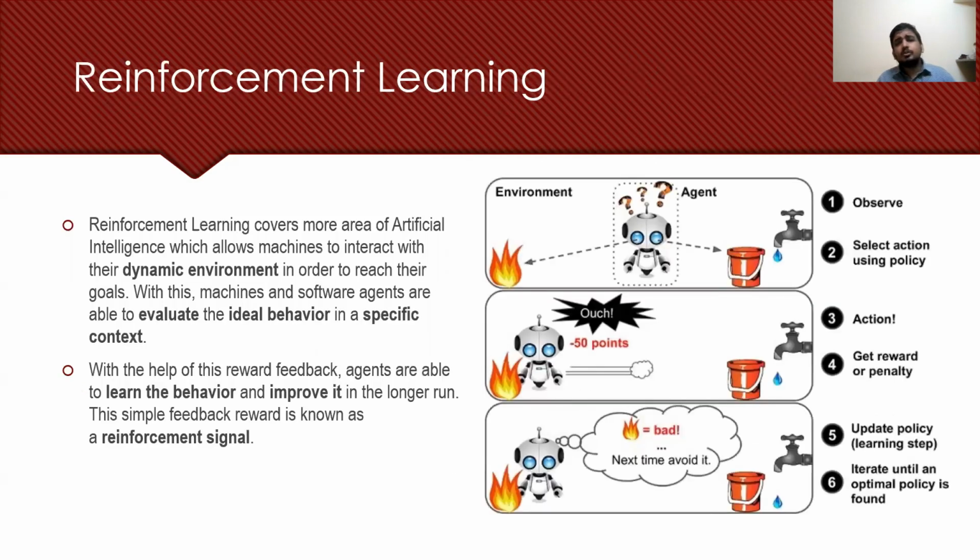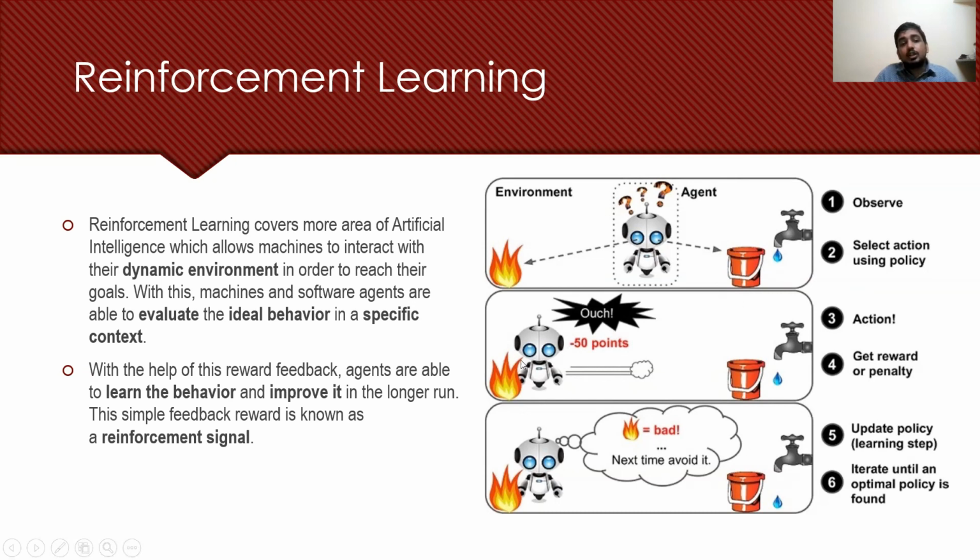Now let's go to reinforcement learning. Reinforcement learning is simple: I learn from my mistakes. It covers more of the dynamic environment, where the machine model interacts with the environment and gets feedback from it, and based on the feedback, whether negative or positive, it approaches another thing. Here you can say there is a robot in an environment.